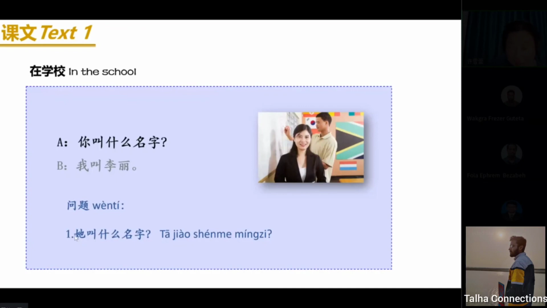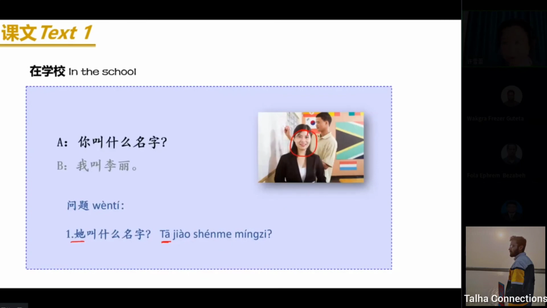Here I have a question. Now, 他叫什么名字? Answer the question based on this dialogue. In this question, there is a new word for you. It is 他. In Chinese, 他 means here in this context, she.